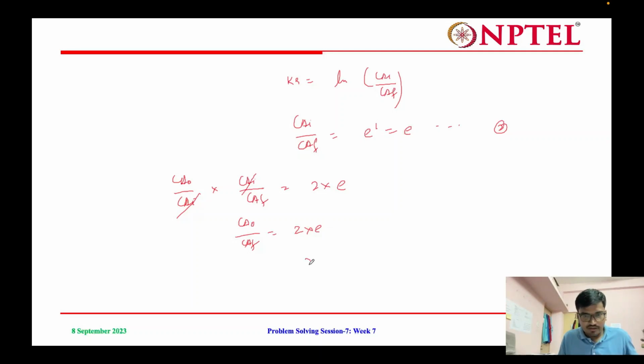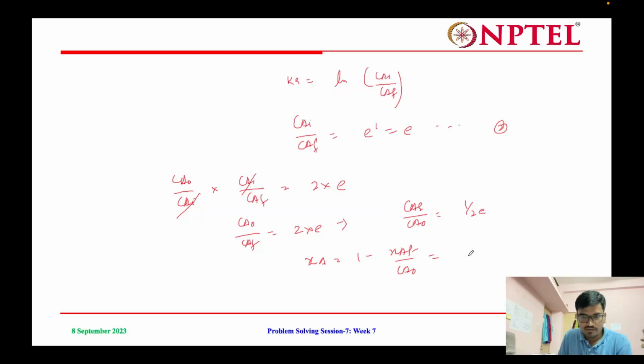So for conversion, XA equal to 1 minus CAF by CA naught, right? We can write CAF by CA naught equal to 1 by 2e.